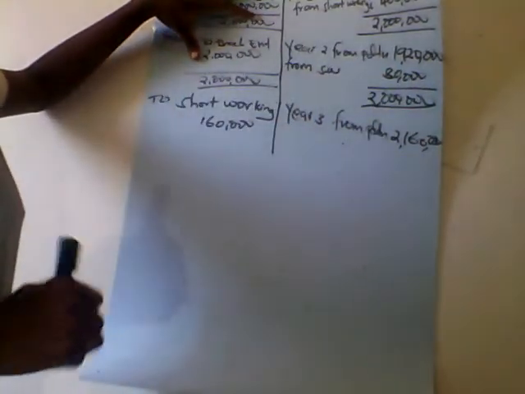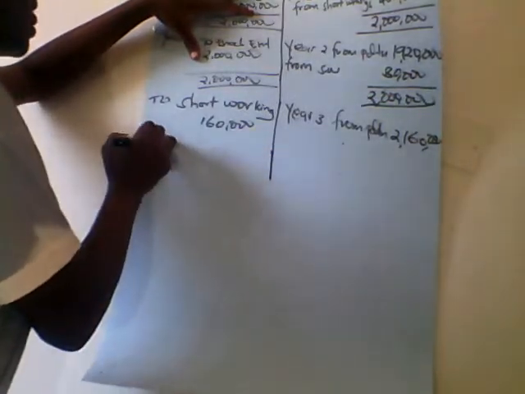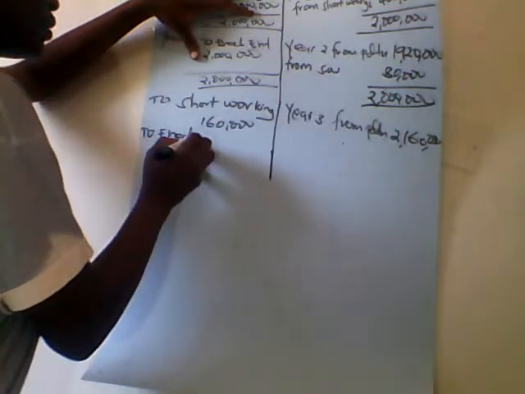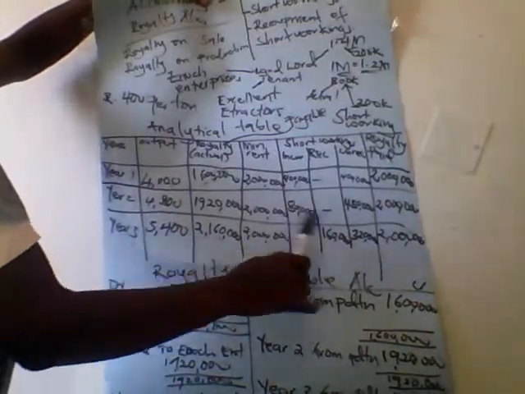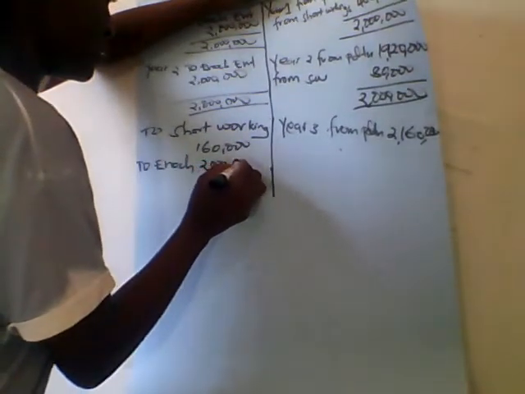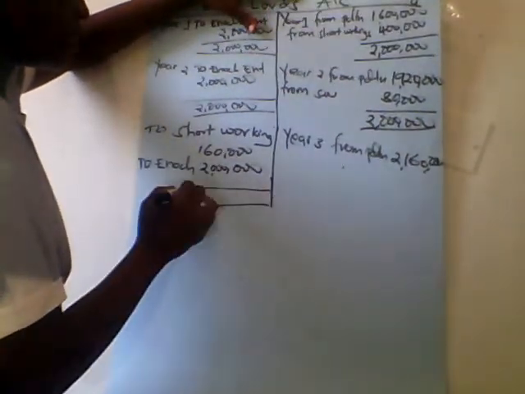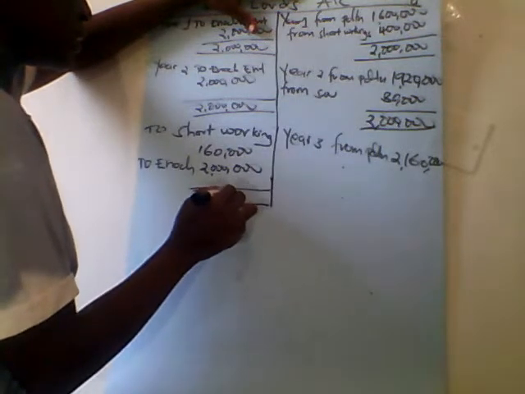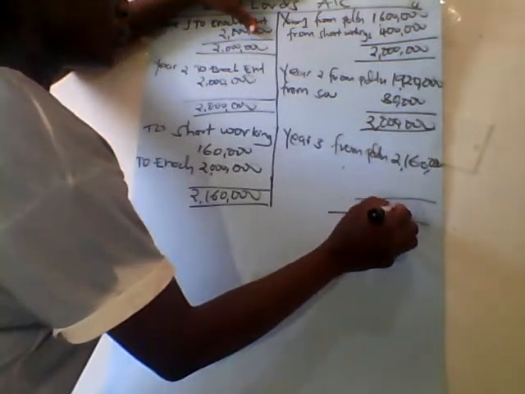Then to short workings, then to Enoch. What we paid to Enoch was 2 million because we used the 160 to recover short workings. So the total will be 160 to 160.